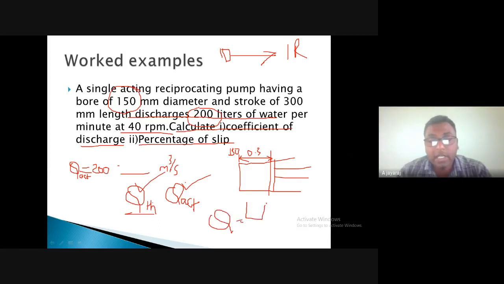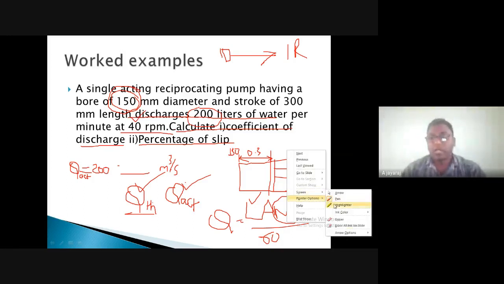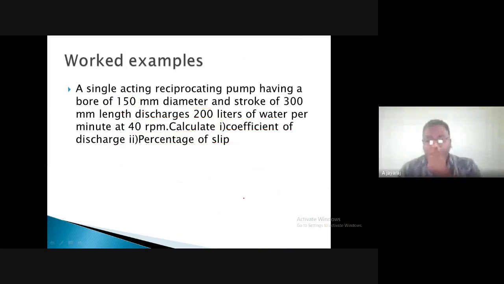Since it is a single acting pump, it is given by LAN divided by 60. L is the stroke, given directly as 300 mm. A is the area of cross section of the cylinder. The diameter is given, so I can find the area using the formula pi by 4 d square. And N is the speed of the pump, given directly as 40 rpm. With these basic details, I'll be able to find the theoretical discharge of the pump.